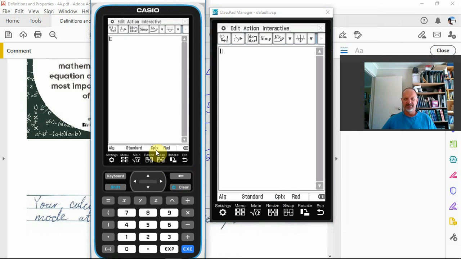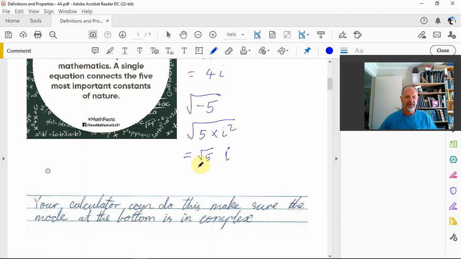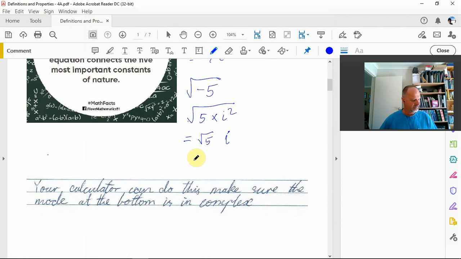If you're going back to Methods and you leave it in complex, it could give you some different results. One of those would be a graph. If it's in complex and you try to graph something, it will graph it on the Argand diagram, not on a Cartesian plane. Anyway, I'm waffling, so let me go back to what we were doing.